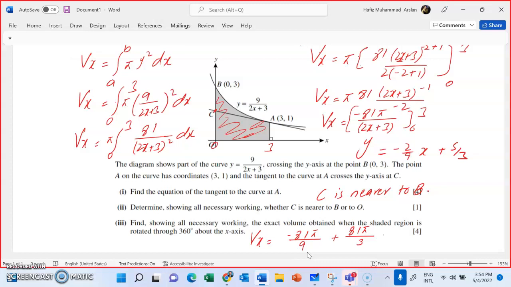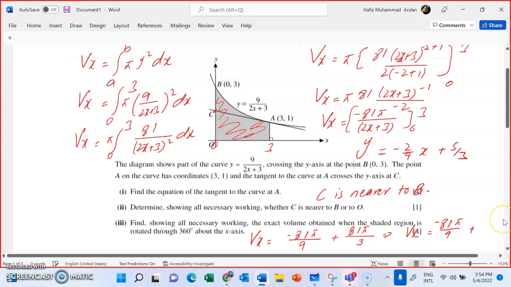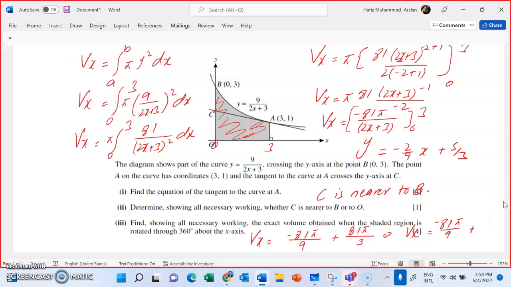So then if we simplify it, what we will get is minus 81 pi by 9 plus 81 pi by 3. We can multiply this by 3 to simplify it, or the other way around, we can simplify the first part, 3 times 27 and 3 times 3.